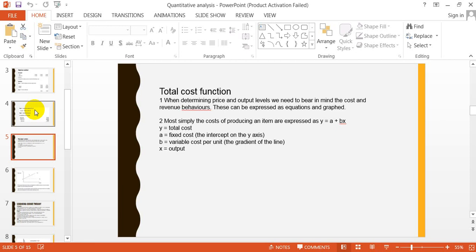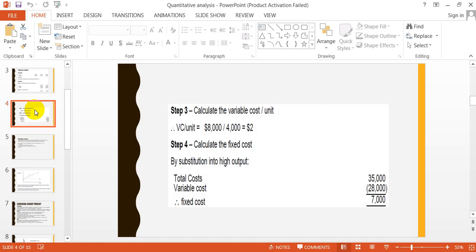So we substitute in this formula. Our variable costs, we have 2. So it's going to be 35,000 equals a plus 2 times the output for 35,000, which is 14,000 units. So 2 times 14, which gives 28,000. So you change to make a the subject of the formula, so you get your fixed cost as 7,000.